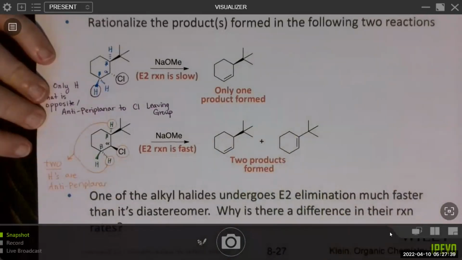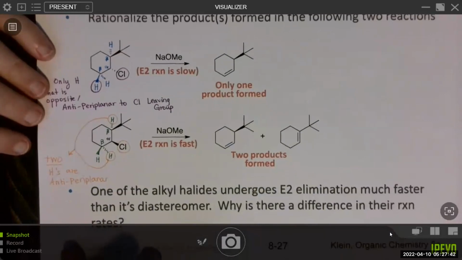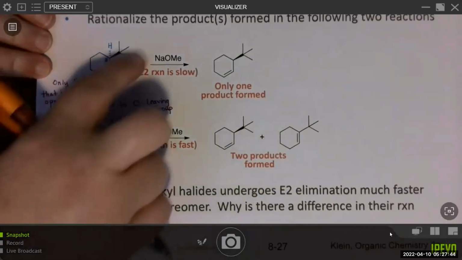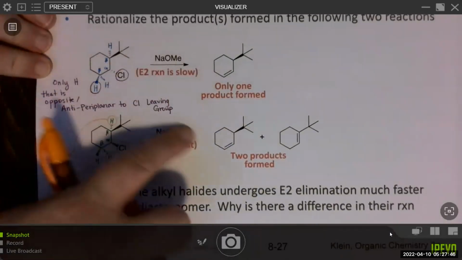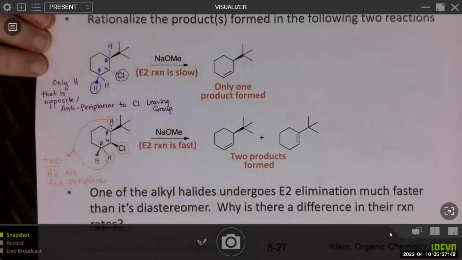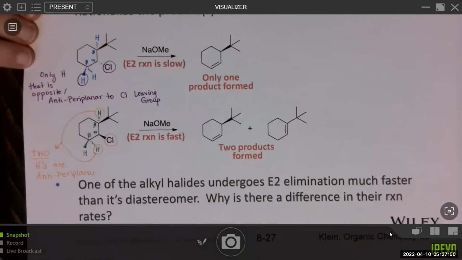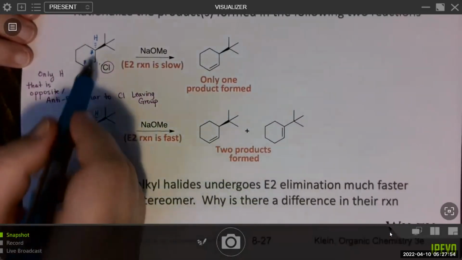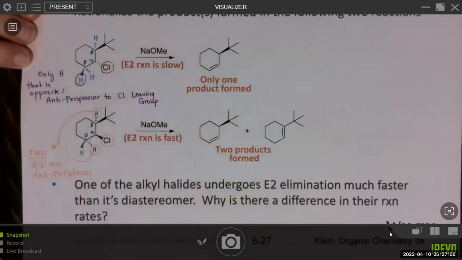Okay, and then we also want to think about the speed of the reaction. So this one is slow, this one is fast. In order for us to understand that, we want to actually draw out the two chair conformations of the substrate in each case. So draw one and then ring flip to get the other one.